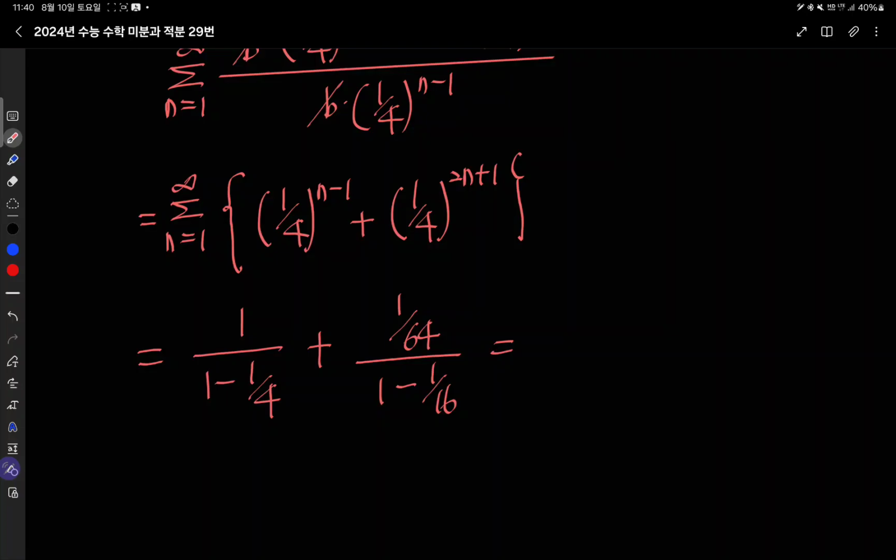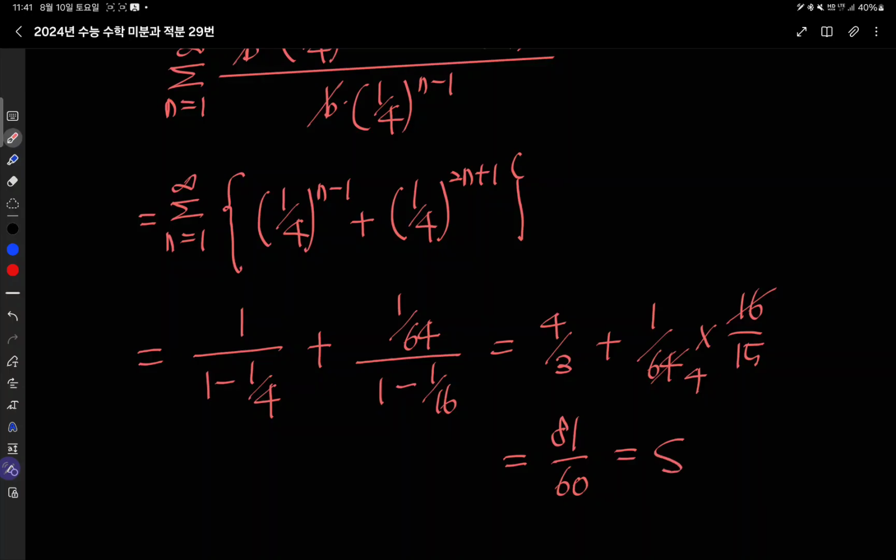So the first fraction is 4 over 3. Second fraction is 1/60. So if we make the common denominator 60, the numerator is 81. That's S.